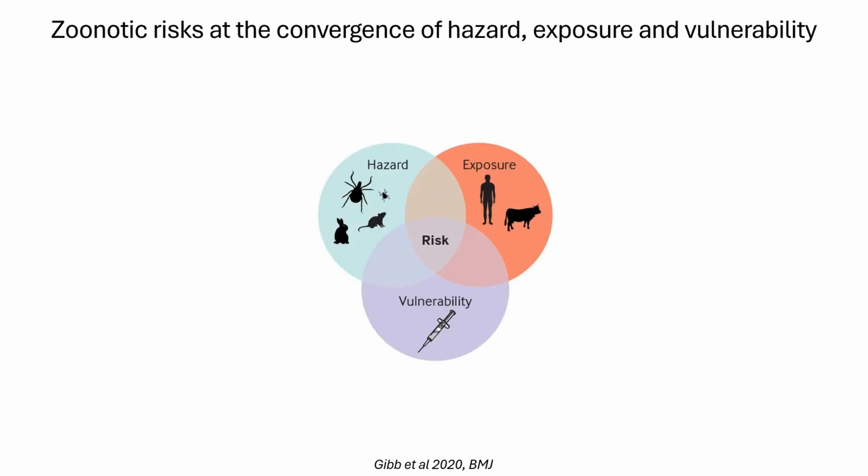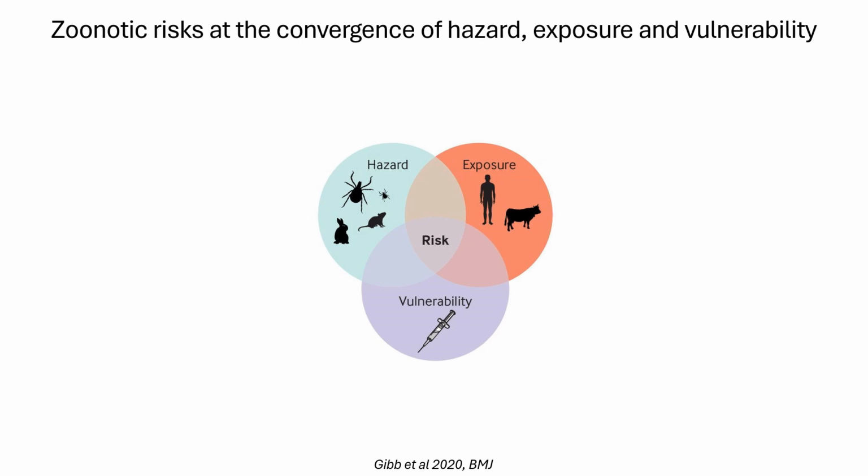So a few years ago, we wrote a paper, and one of the ways that we talked about zoonoses in this paper was to apply this framework and describe a simple way of teasing these drivers apart for zoonotic risks, really highlighting this point that zoonotic risks emerge from the intersection between hazards, so these are pathogens that are circulating within ecosystems, exposure, so factors that make people exposed to infection, and then vulnerabilities that determine the impact of those pathogens once they have actually infected people.